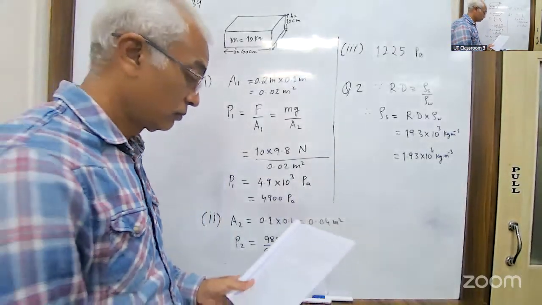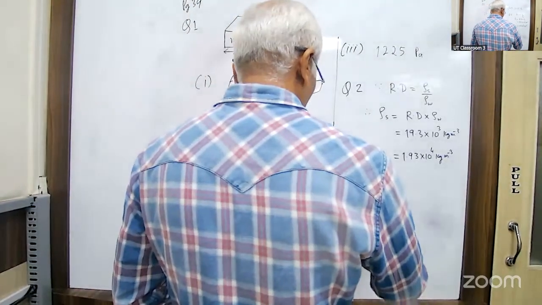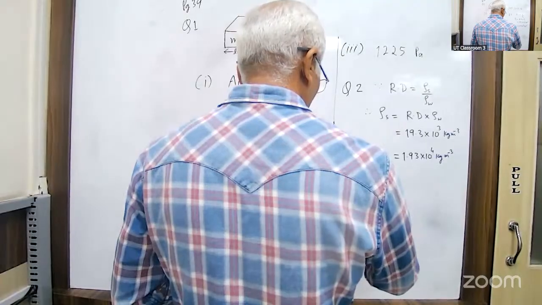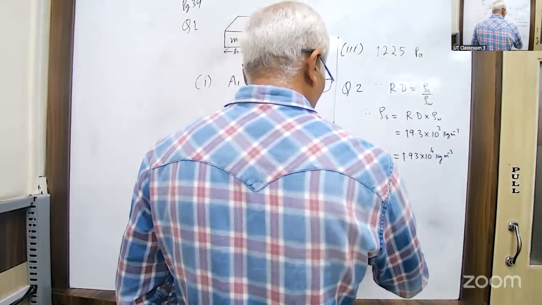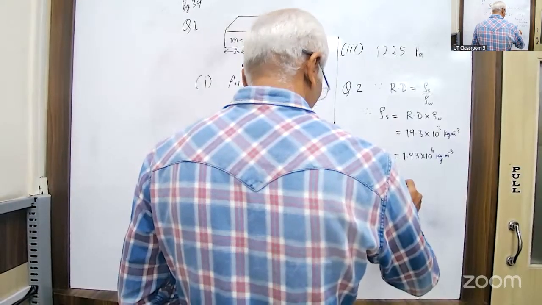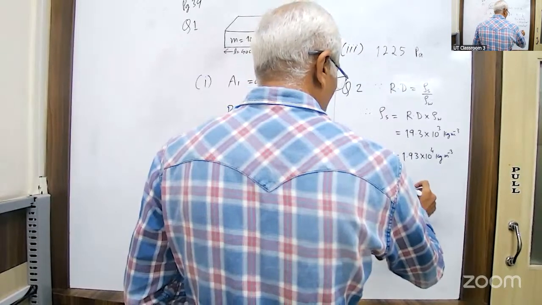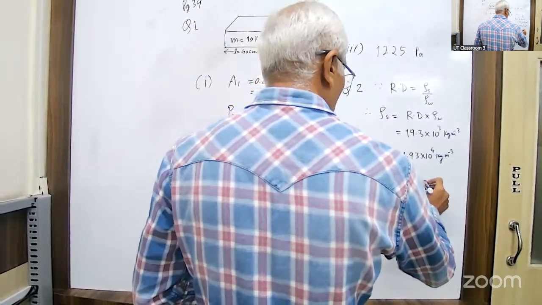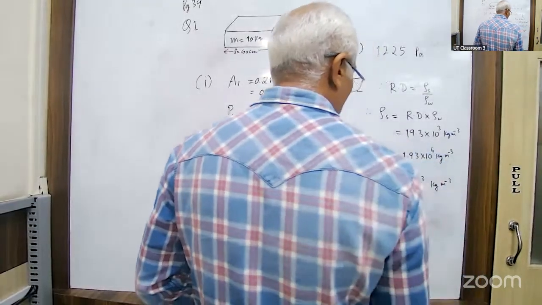So we have the density of mercury, 13.6 into 10 raised to 3 kg per meter cube.